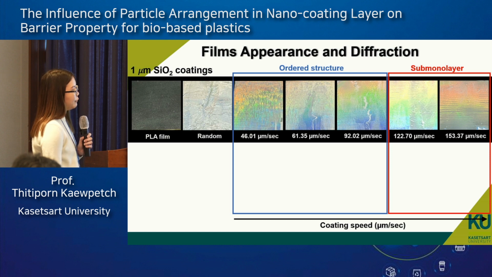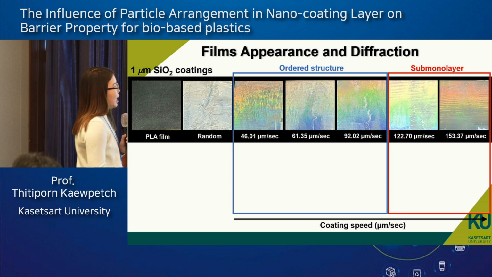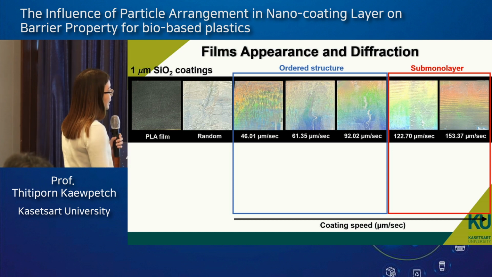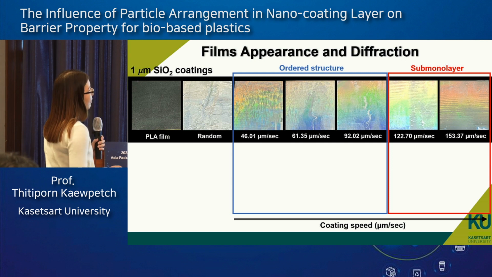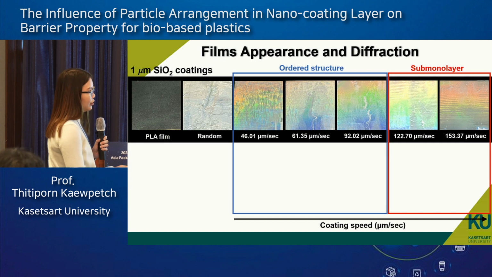In this technique, if we increase the coating speed, it will change the structure of the coating layer from the ordered structure to the submonolayer.